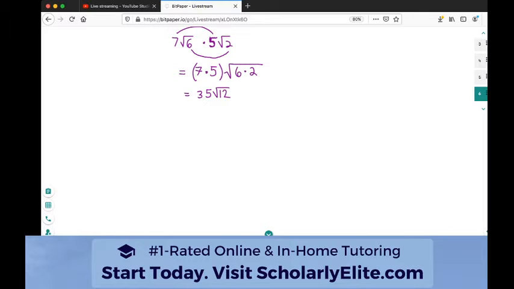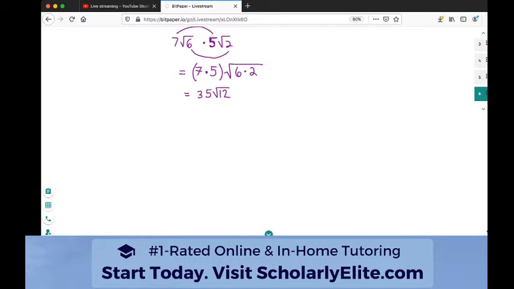The number 12, which is inside the radical, can be simplified further. That's the indicator you should be looking for to know whether or not your answer is done. If the number in the radical can be made smaller and simplified more, you should keep going. Once you've reached the most simplified form and it cannot be divided further, then you stop.